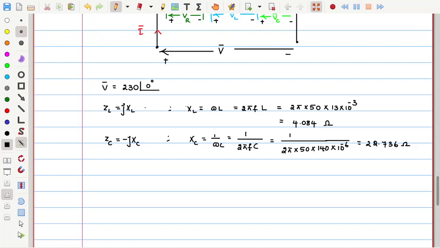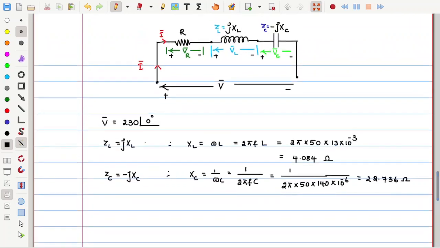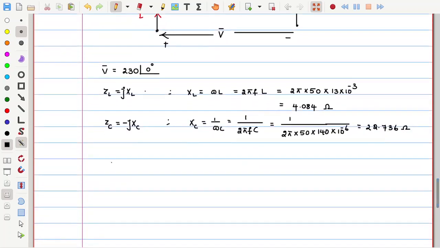Now I have the reactances of this circuit. Inductive reactance is XL and capacitive reactance is XC. For the total impedance of the circuit ZT, the first element is the resistor, so its impedance is the resistance. The second element is the inductor, so its impedance is ZL. The third element is the capacitor, so its impedance is ZC.